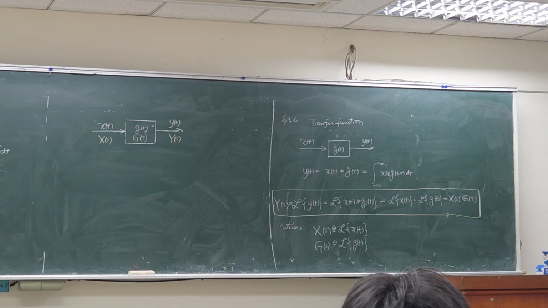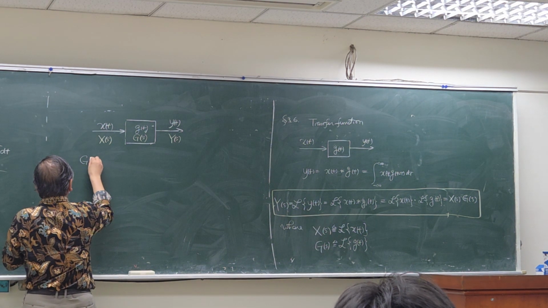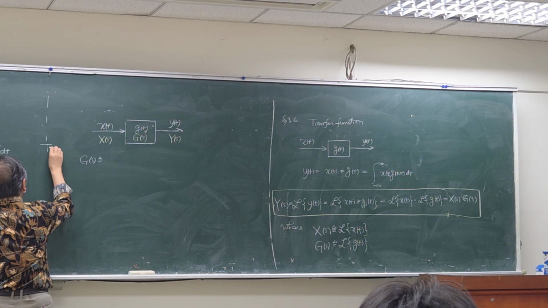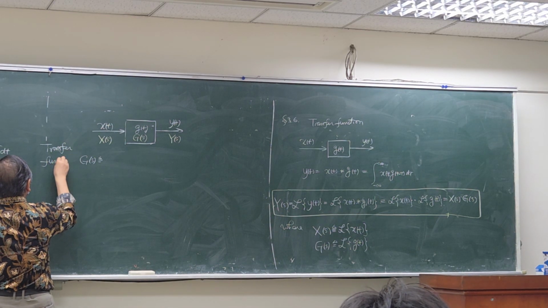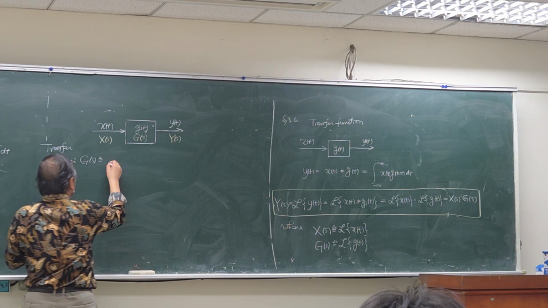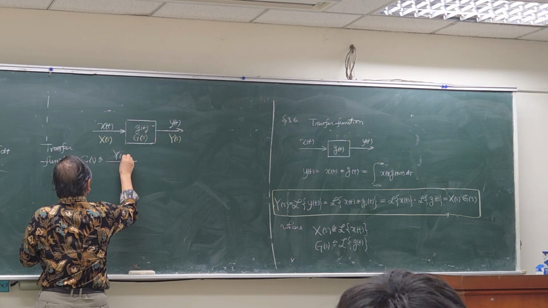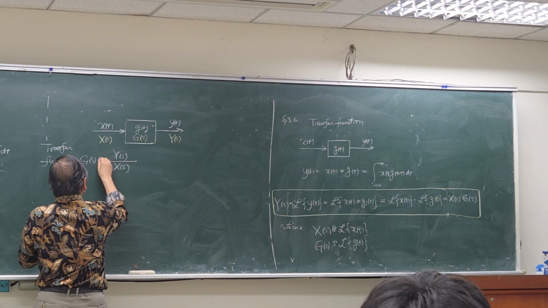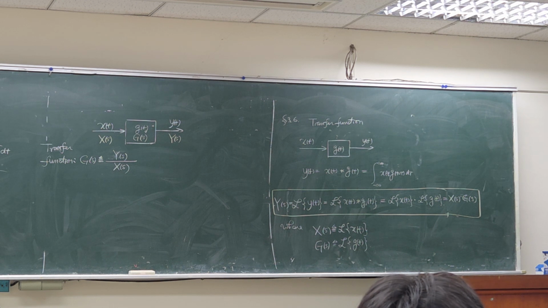The Laplace transform of g(t) is G(s). So, again, this is an important terminology. The transfer function is defined as the Laplace transform of the output divided by the Laplace transform of the input. That's the definition.